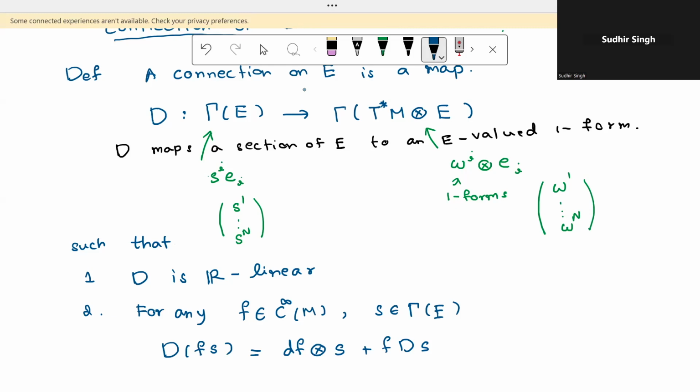Later I will sometimes omit this tensor product symbol, or just write omega^i e_i, but we just have to know that these are one forms now. Next we look at the local expression for Ds.